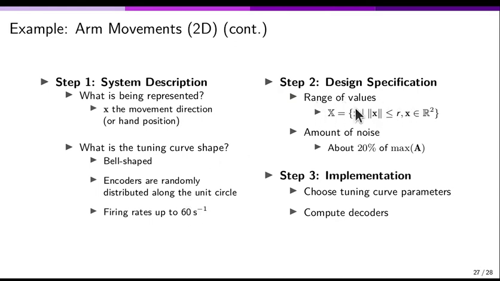My range of values that I'm going to represent is a little bit trickier. You've got to figure out what possible XY values there are. It's not between minus infinity and plus infinity on the x-axis and on the y-axis. I've got to choose something.